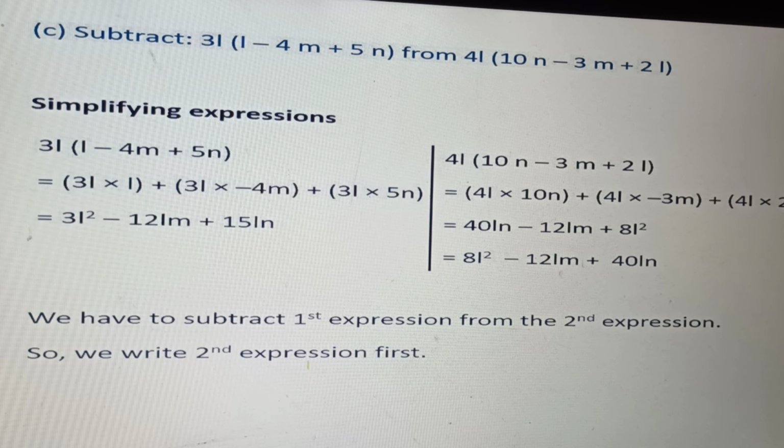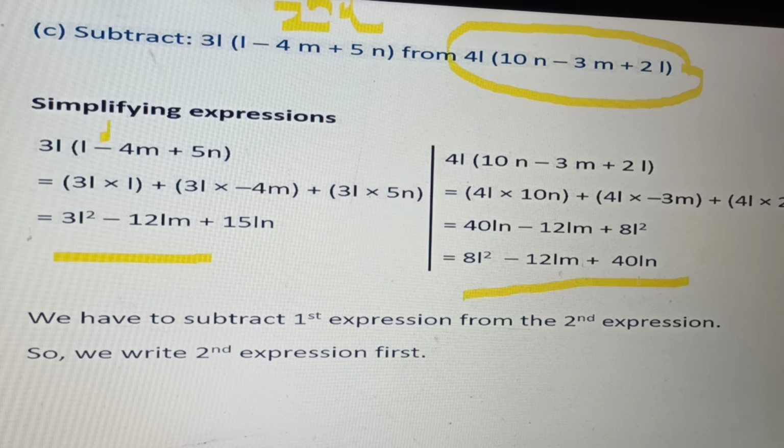Okay. Next is subtract polynomial. We know that subtract means this term should be written first and this term should be written second, and the sign will be changed. If you multiply this term together, you get this polynomial. If you multiply, you get this polynomial. So from this, you have to subtract this.